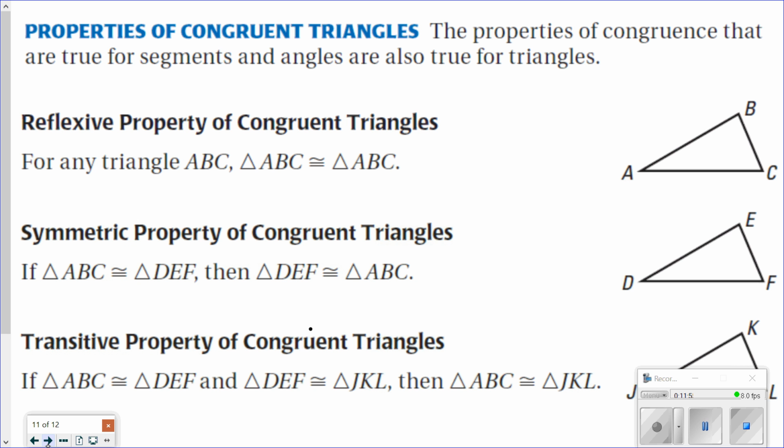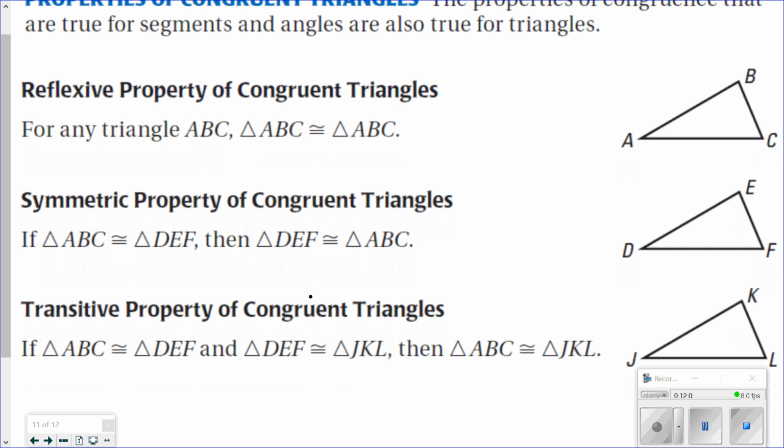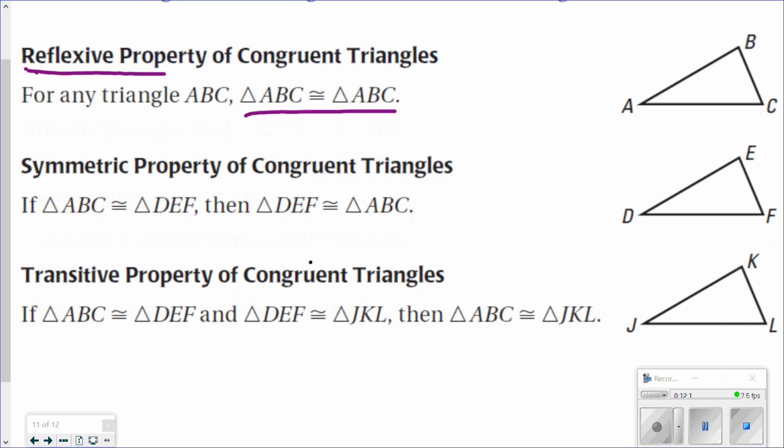Properties of congruent triangles. The properties of congruence that are true for segments and angles are also true for triangles. So the reflexive property: triangle ABC is congruent to triangle ABC. Symmetric property: if triangle ABC is congruent to triangle DEF, then triangle DEF is congruent to triangle ABC.